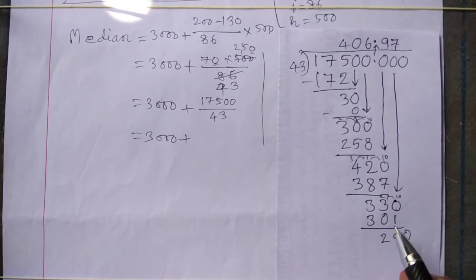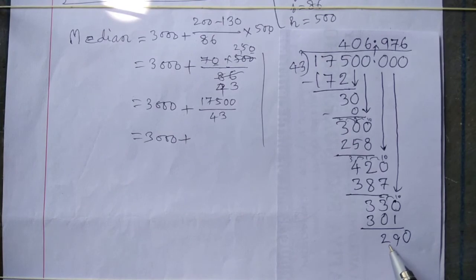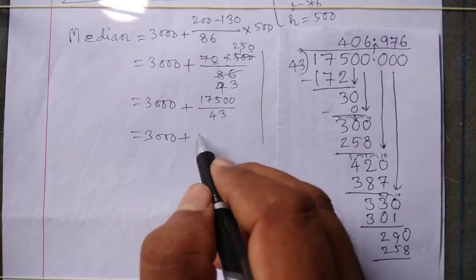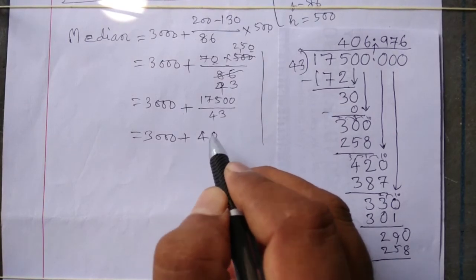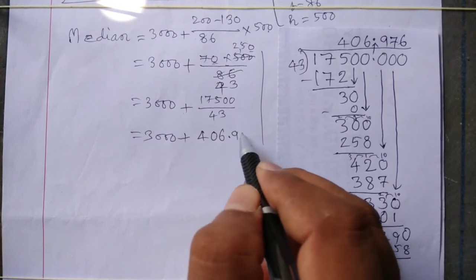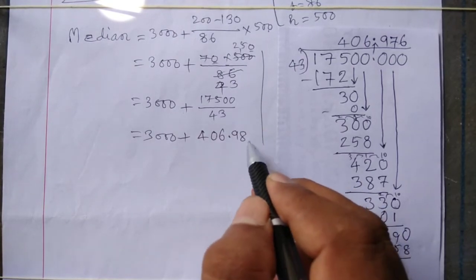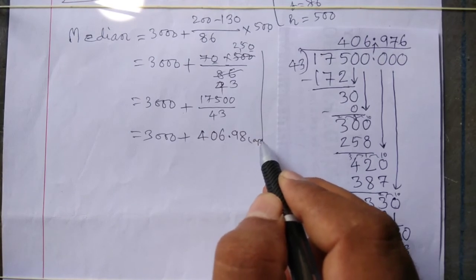Now 43 sixes are 258. So approximately 406.98. This is approximate.